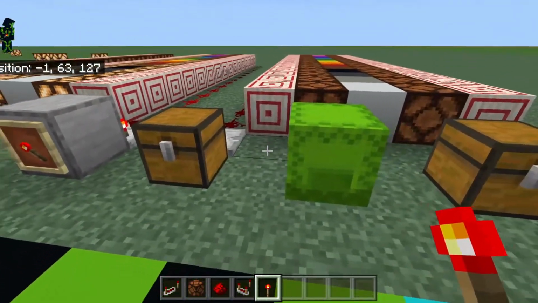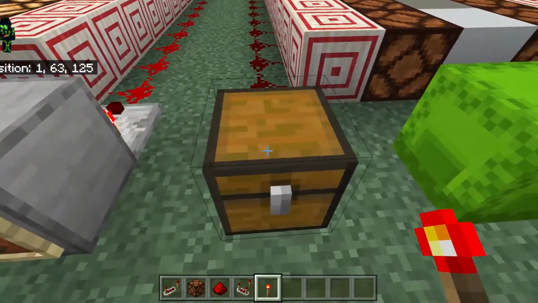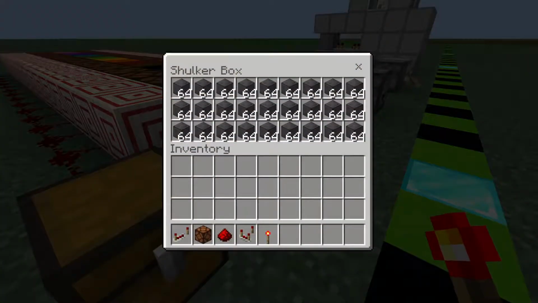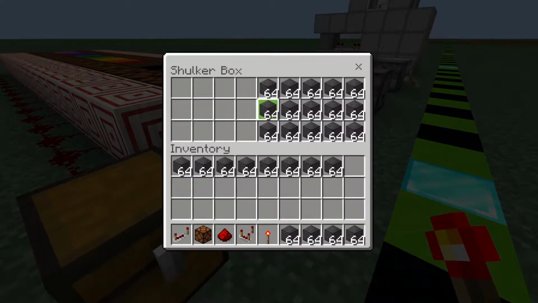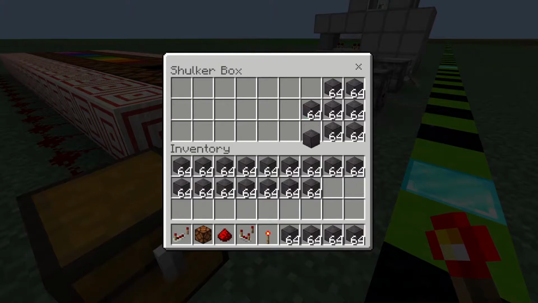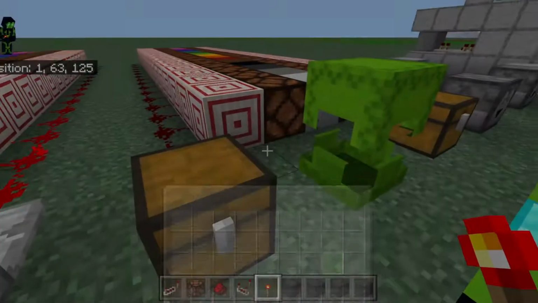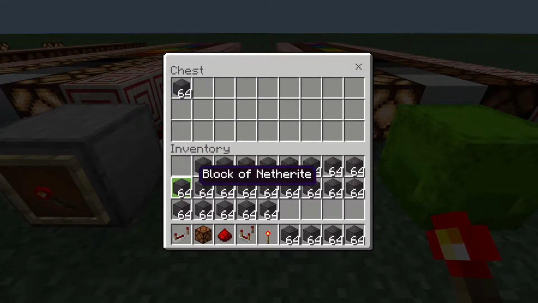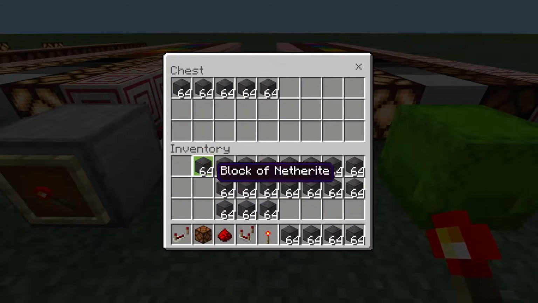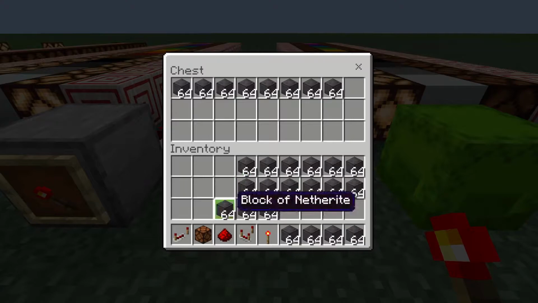Here we have container blocks, and we have a comparator reading this chest. And if we take a full inventory of these netherite blocks here, get them all out of here, you'll be able to see that as we add items to this chest, the signal increases.